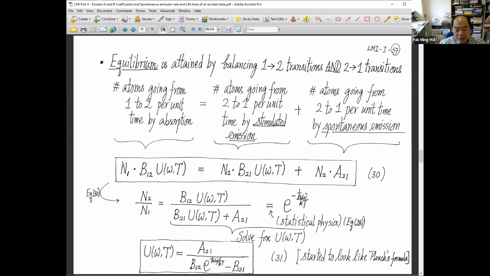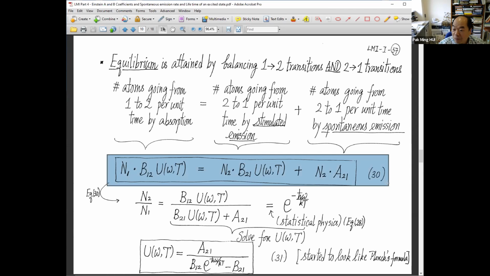Similarly, you have N2 up there. For stimulated emission, you have that many coming down. But for the spontaneous one, that does not depend on the surrounding strength of the radiation, it is just using its own rate. Okay, so now this equation is the mathematical way of writing down this statement. Okay, do you understand?